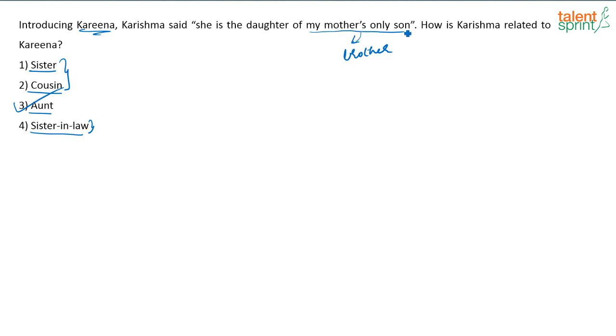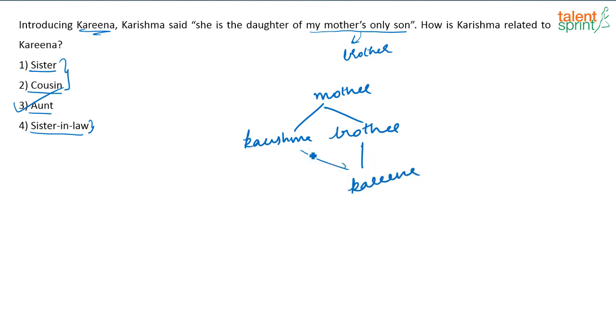See, who is my mother's only son? My brother. So Karishma is there. Karishma has a brother. Mother's only there because basically they have the same mother, right? My mother's only son. So Karishma has a brother and this brother's daughter is Karina. So what is the relationship between Karishma and Karina? It has to be aunt or uncle based on the gender of Karishma.